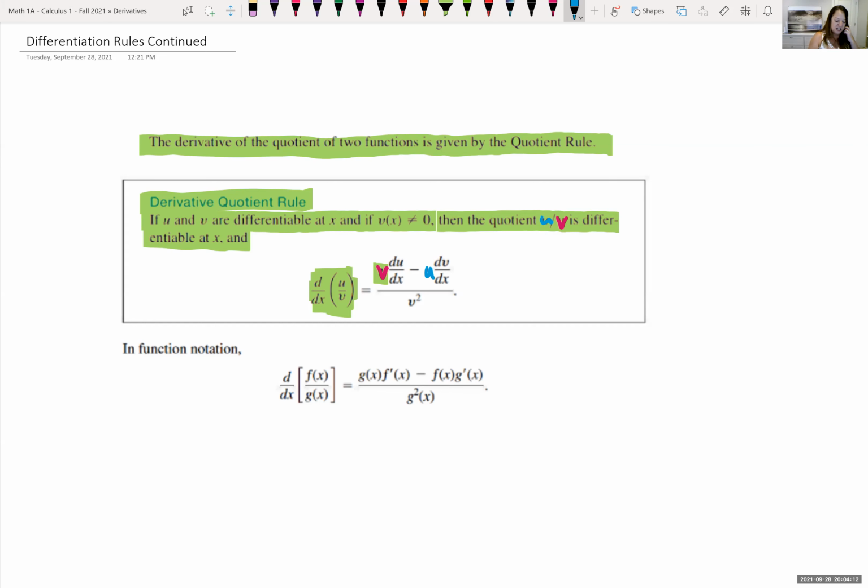In function notation, this is the way I had written it. I just used y equals f of x over g of x yesterday. So I said let y equal f of x over g of x.